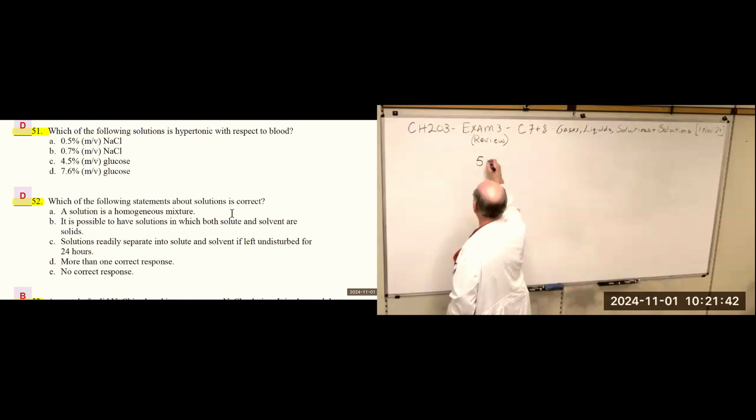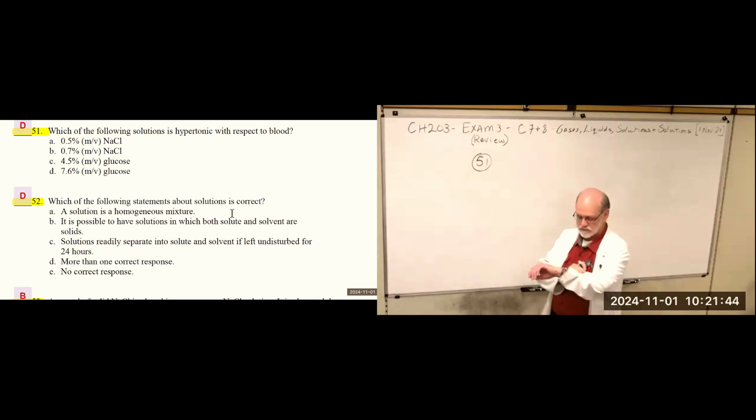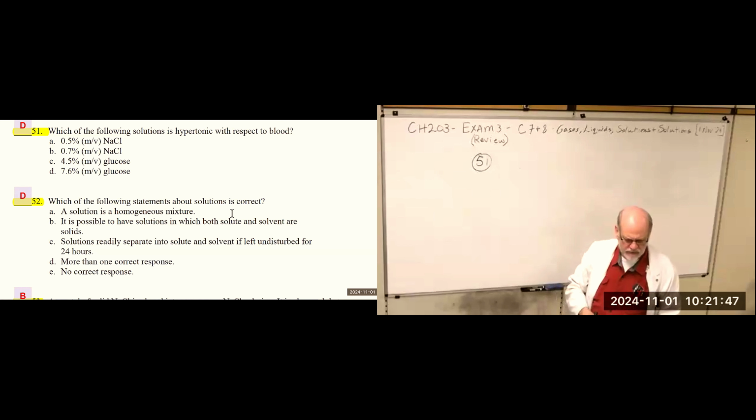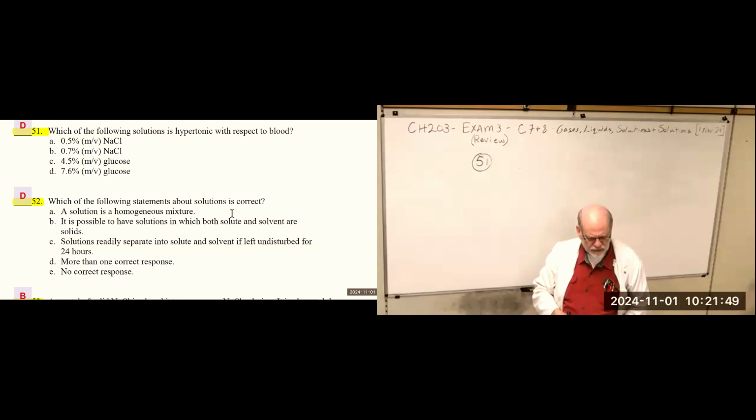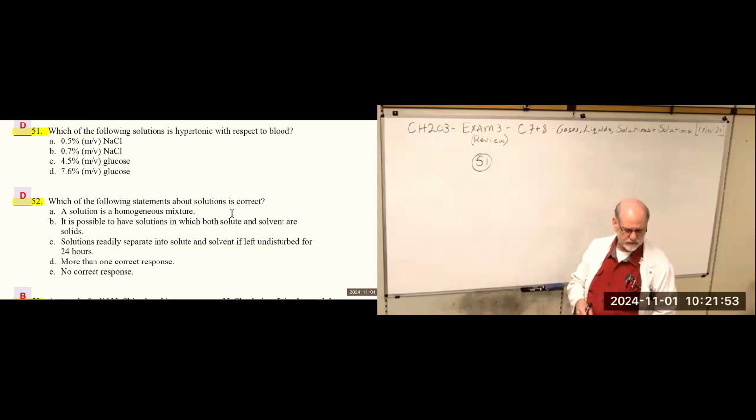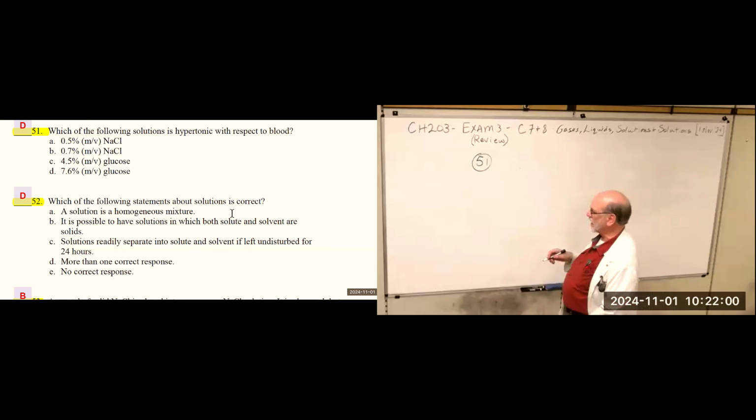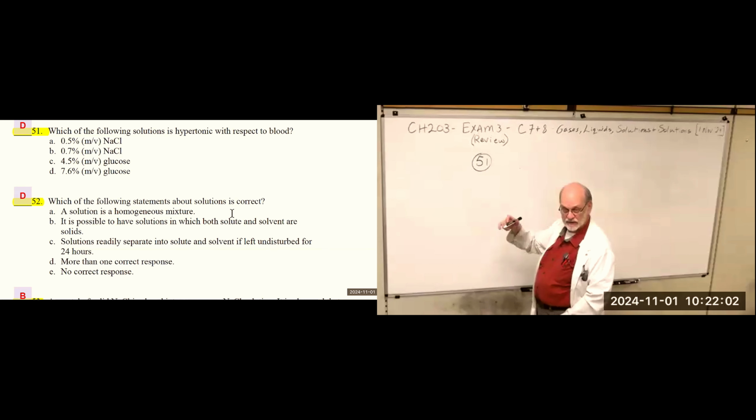Number 51. Which of the following solutions is hypertonic with respect to blood? All right, we've got two types of measurements here, mass volume percent. So what's isotonic? That's our midpoint.